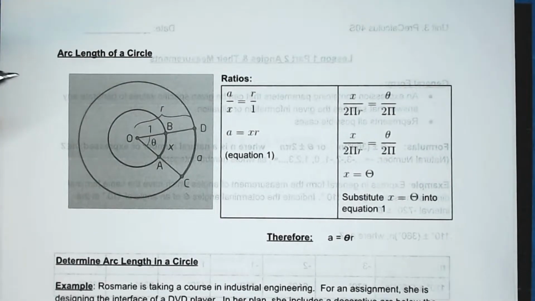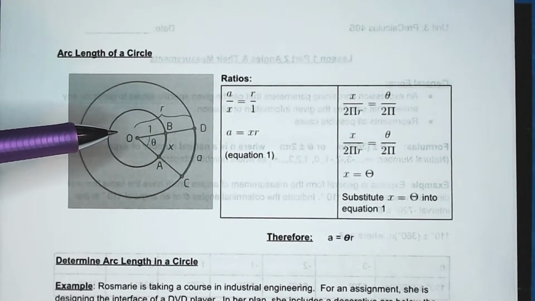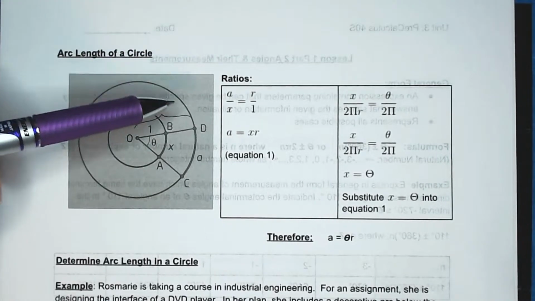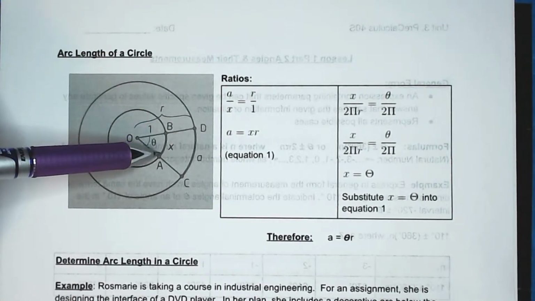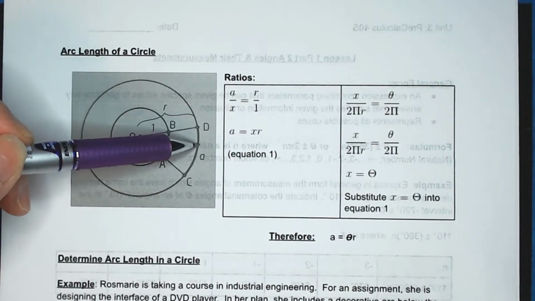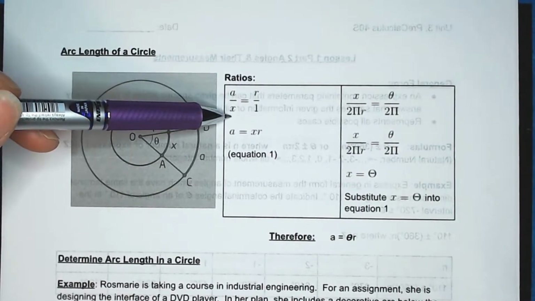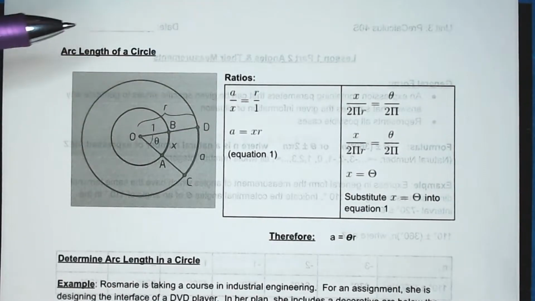A central angle of theta radians here is subtended by arc AB on the smaller circle and arc CD on the bigger circle. So we have two proportions that we're working with. We have this first one, a over x is equal to r over 1.